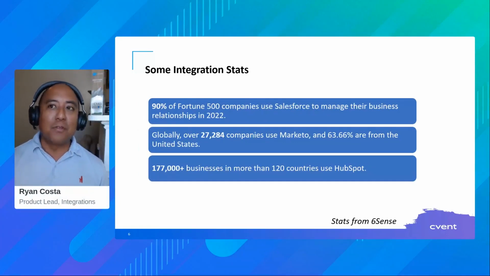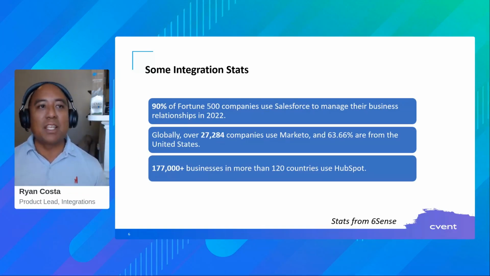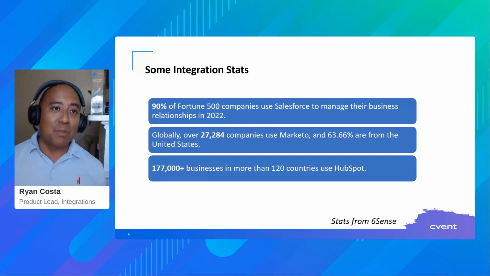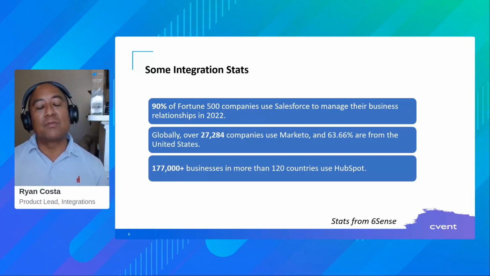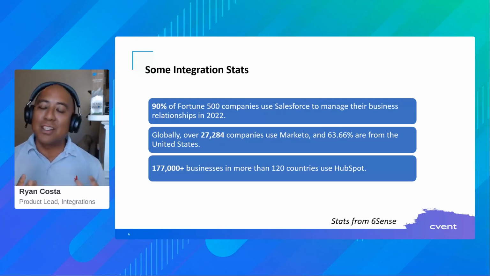Now, the power of these numbers is to show you which platforms are highly adopted out there, but really understand from a Cvent perspective, only roughly 7% of our customers are integrating with Salesforce. In number, that's actually pretty big. We have thousands and thousands of customers, but 7%, considering how many customers use Salesforce, is not a lot.